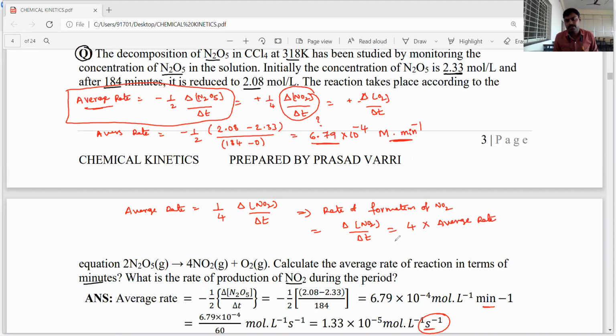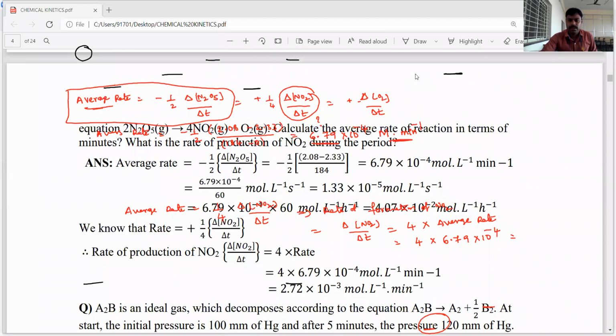The average rate value we already calculated, so 4 into 6.79 into 10 to the power of minus 4. On multiplication, in terms of per minute, you will get 4 into 2.72 into 10 to the power of minus 3.